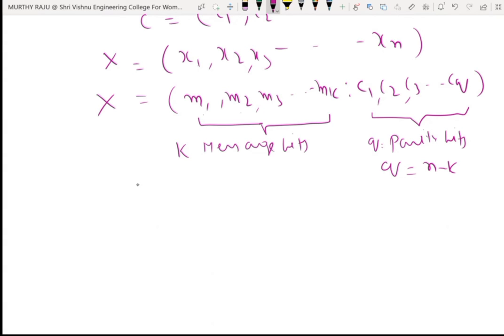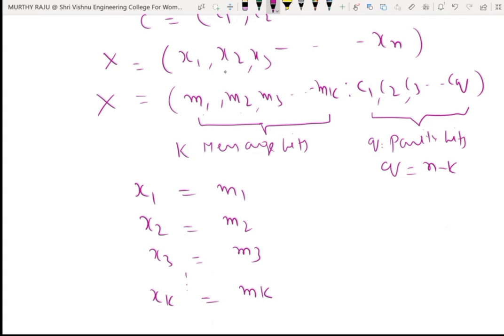This encoded code word, or code vector, consists of n bits x1, x2, x3 and so on up to xn.